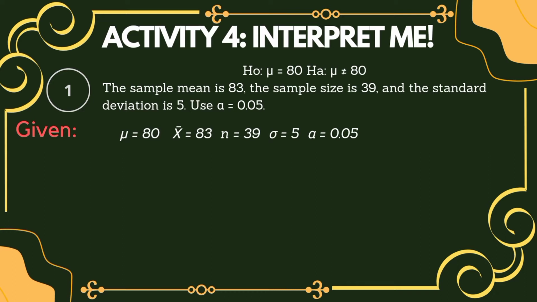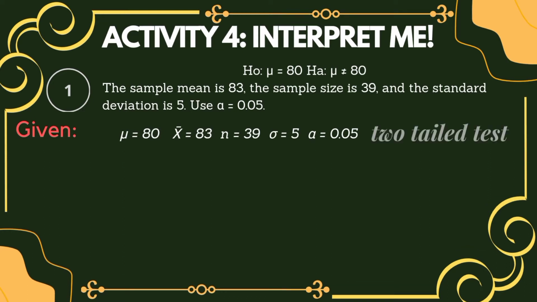If we are going to look at the symbol used in our alternative hypothesis, we will know that this is an example of a two-tailed test because of the symbol not equal. Then, let's take a look at the given sample size. Since 39 is greater than 30 and the standard deviation is known, we are going to use the z-test in computing the computed value.